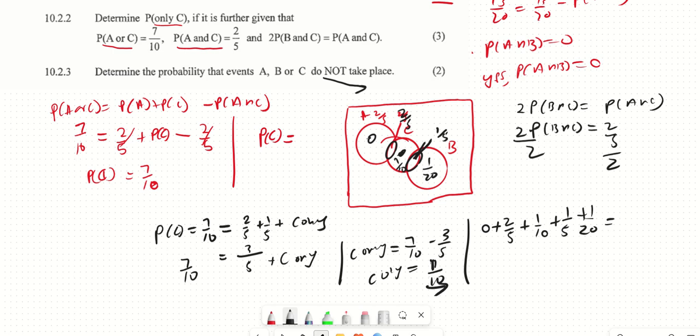We have 3 over 4, which is 3 over 4. So the probability of not is 1 minus 0.75, which is 0.25. That's how we work on this.